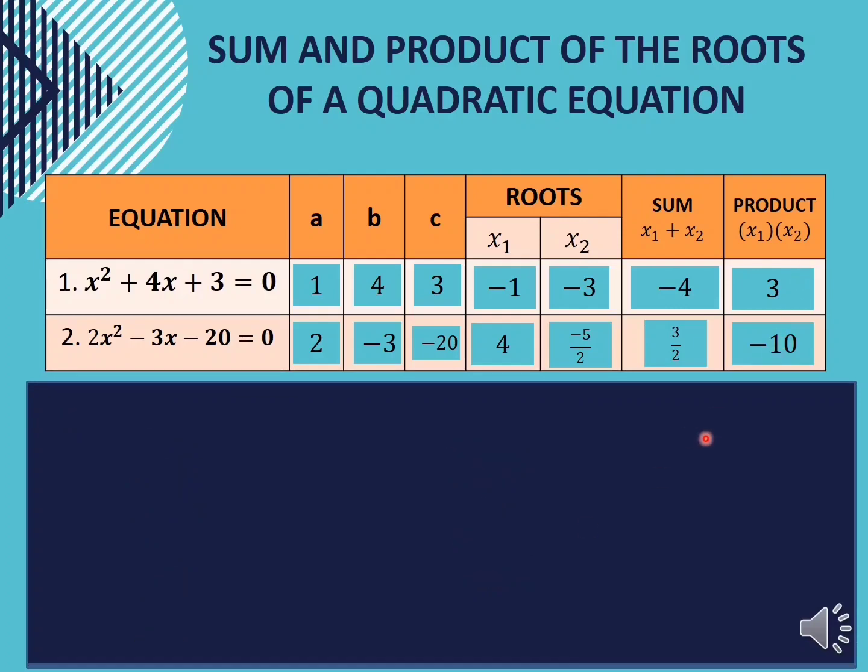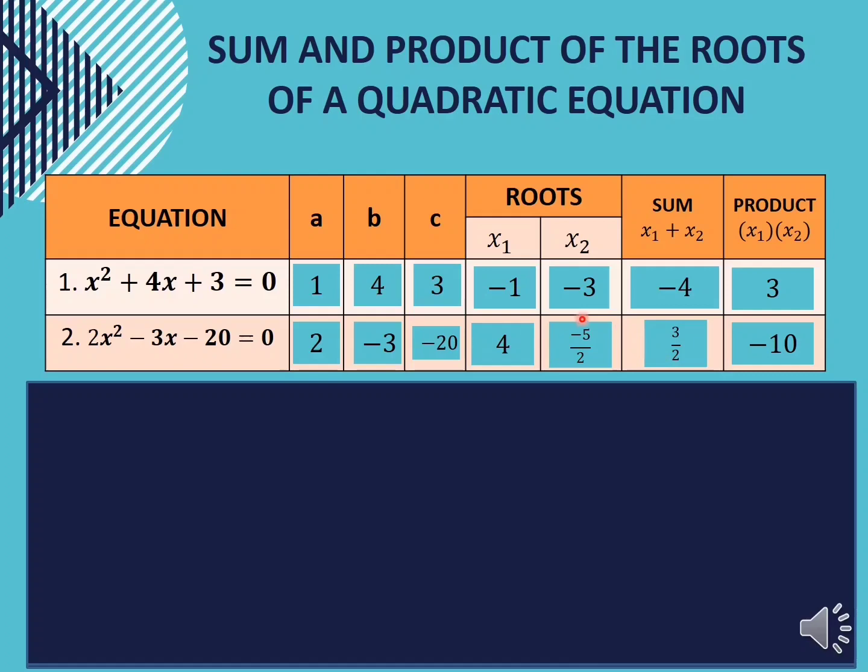Okay po? Now, please observe the table. Since nakumpleto na natin yung ating table, please observe it. Now, meron pong relationship ang values ng numerical coefficient or values ng A, B, and C sa sum and product of the roots of the quadratic equation.